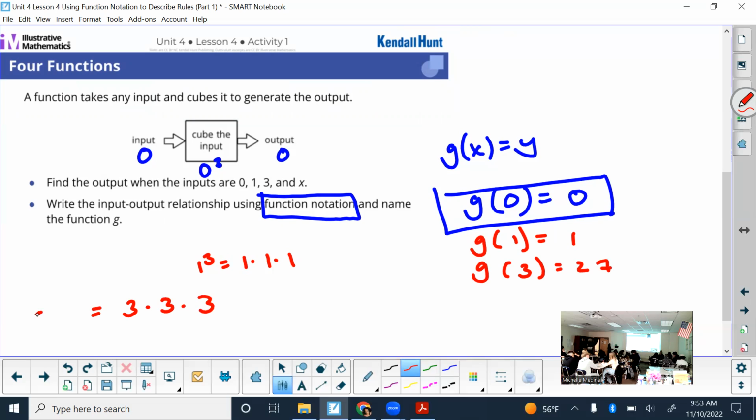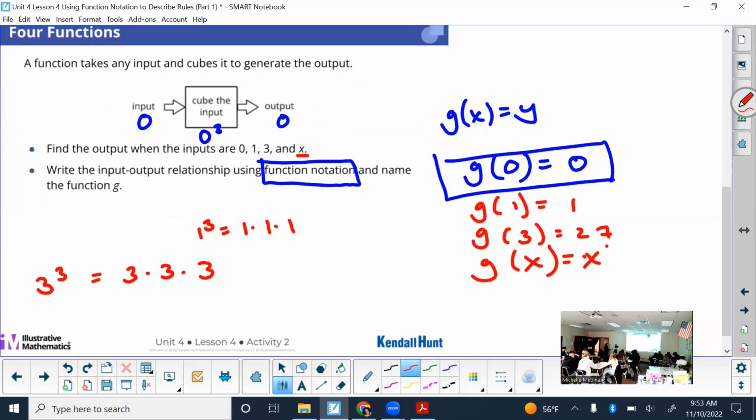Again, feel free to use a calculator, but multiplying it by itself 3 times. And then how do I write the last one? What's my input for when it's that? So I'm going to write it as g of x. And then I need to cube the x. So what is it going to look like?